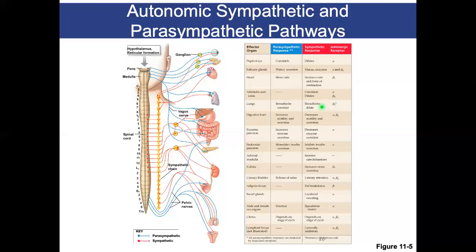Whereas if you look at the arterioles and veins, that epinephrine is going to constrict those arterioles so that blood pressure is going to go back up. And it's going to increase heart contractions and rate. So it's actually really interesting. Notice how arterioles and veins don't have a parasympathetic nervous system synapsing with them. Same thing with adrenal medulla, your kidney, and your adipose, and your lymph tissue.